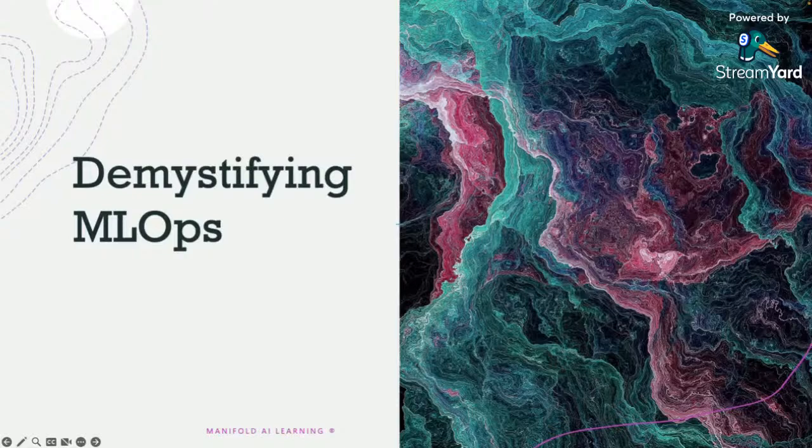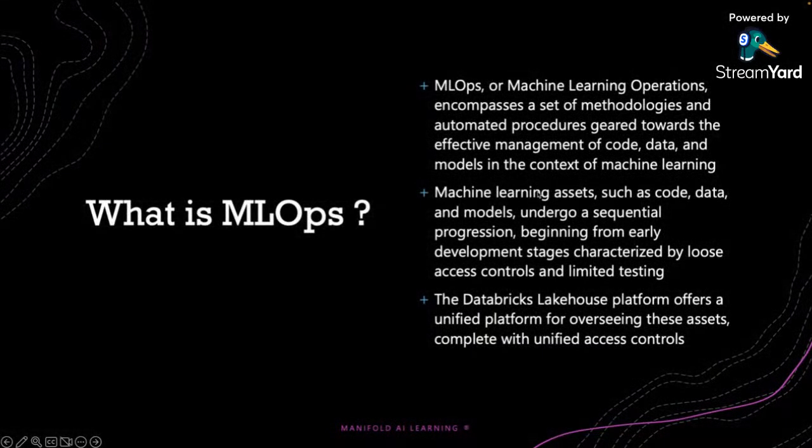So let us first have a quick recap of what exactly MLOps is. MLOps is also known as machine learning operations. It is made up of a set of methodologies and automated procedures geared towards the effective management of the code, the data we are dealing with, and the models we want to use in the overall context of machine learning.